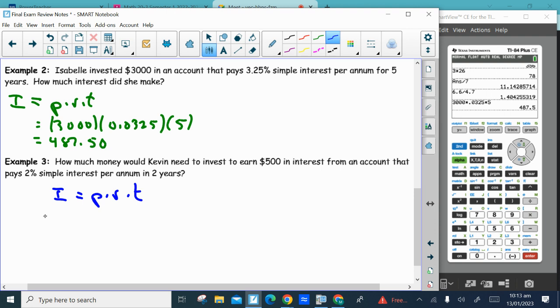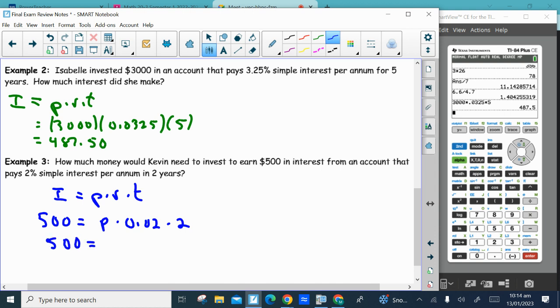We're told that he wants to earn $500 in interest. We want to know how much money he would need to invest, so what is the principal? The rate is 2%, which needs to be written as a decimal, 0.02, times the time, which is 2 years. In this case, we need to calculate what the principal is.